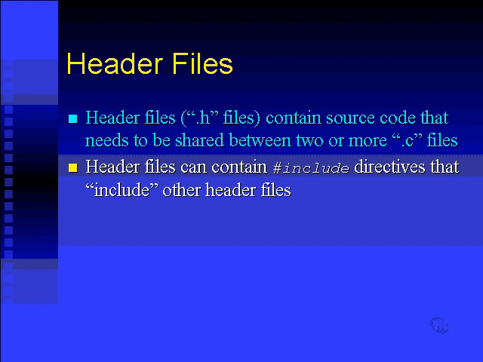Just so that you know, a header file is obviously going to be included in your .c file by the use of a #include directive. Now, you'll also find that header files can have #include directives in them. So you can have a file included inside a file that is then included inside another file, and so on, as deep as you want to go.